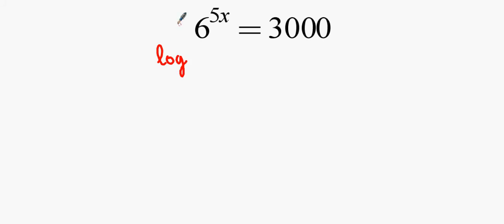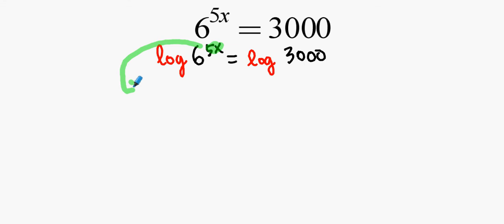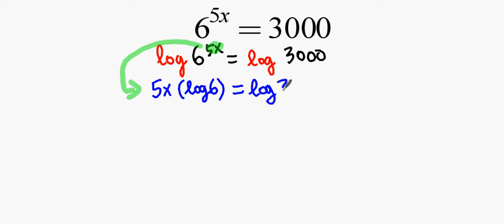So we have a log of 6 to the 5x equals log of 3000. So now we can fish out that 5x, put it up front, and now we have 5x times log 6 equals log 3000.